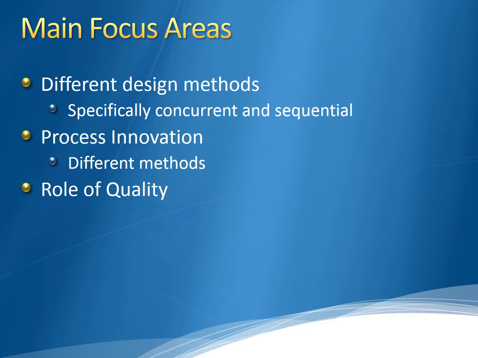And then finally, we're going to look at quality as an overview and the role that quality plays in the process and effects that quality management can have on a business, specifically from a product and process development perspective.